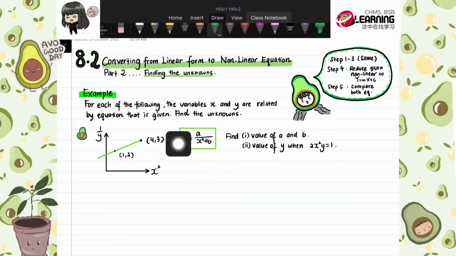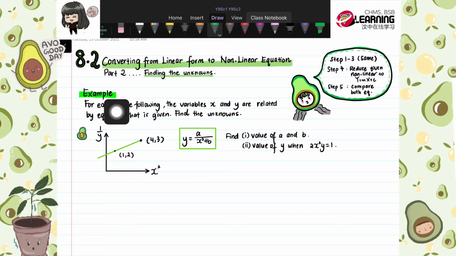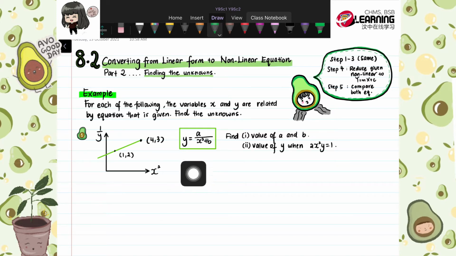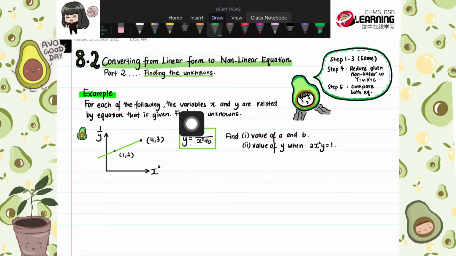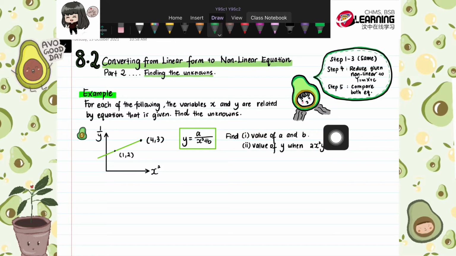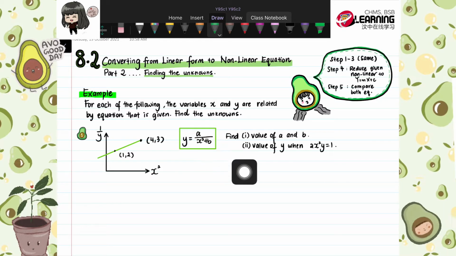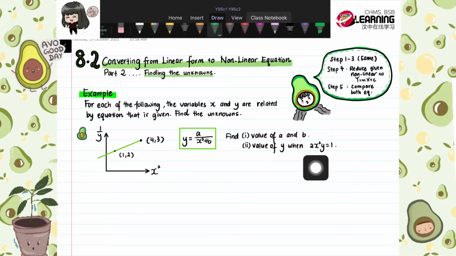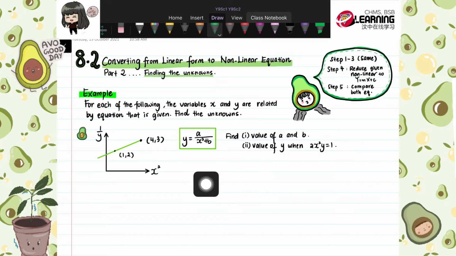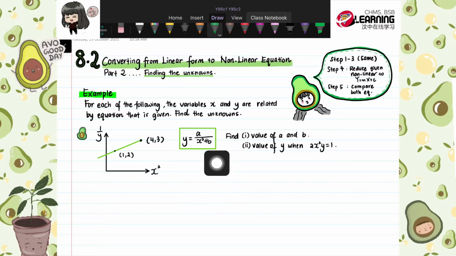Unlike the previous lesson, where I give you only the graph and you need to find the equation, here I give you the equation and you need to find the values of a and b, the constants or unknowns. I also add on another one, which is to find the value of y when this is given. I will teach you this later on. The difference between this lesson and the previous lesson is that here you need to find the unknowns.